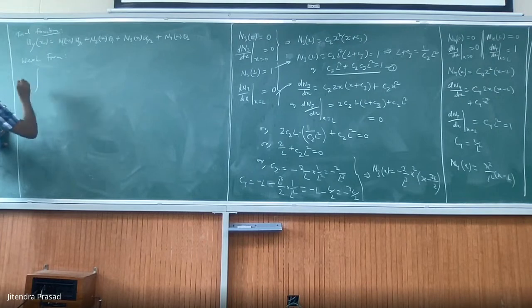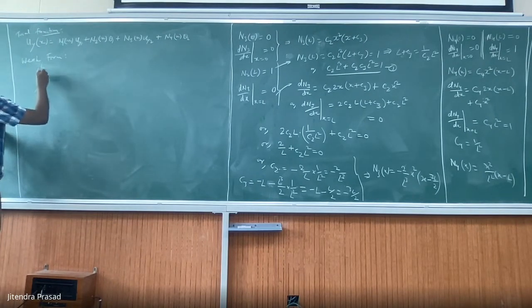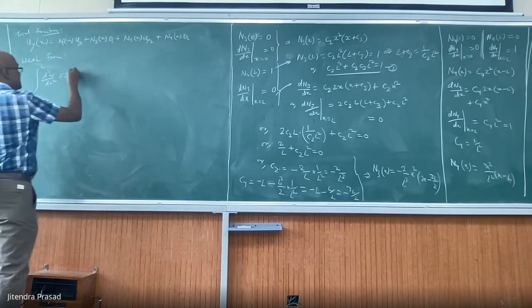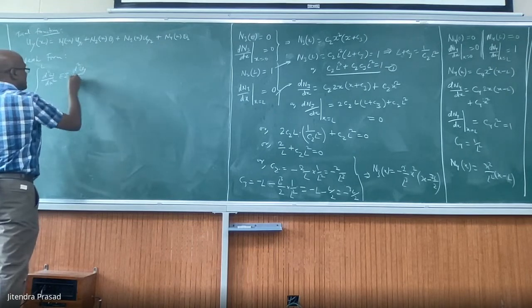Big form was 0 to L, then you have d square w over dx square times d square uy over dx square.